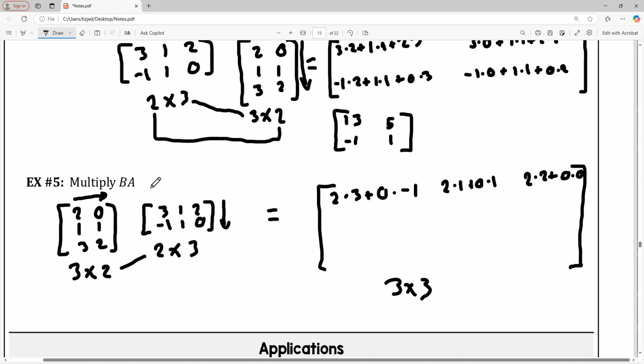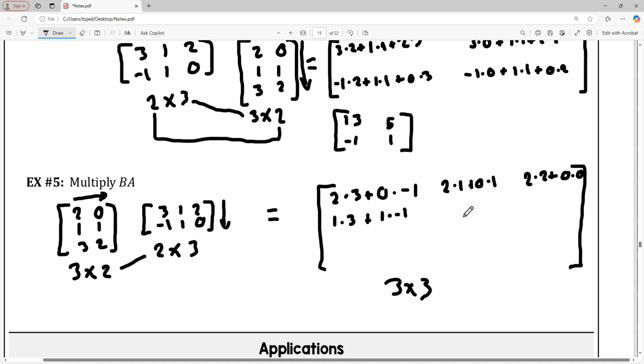Now I'm going to move down to the second row. If I want what goes here in the second row, first column, I'm going to go 1 times 3 plus 1 times negative 1 plus 1 times negative 1.